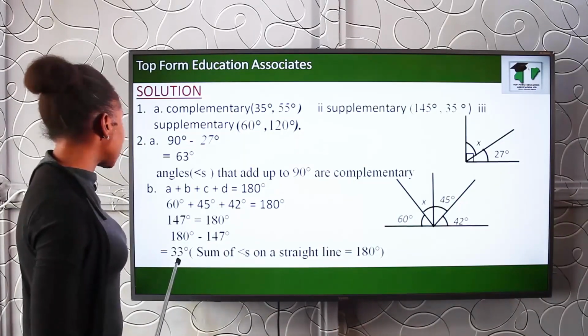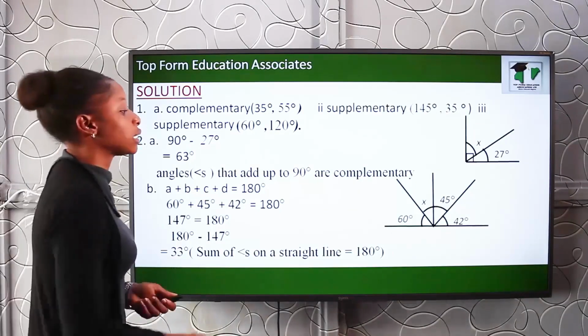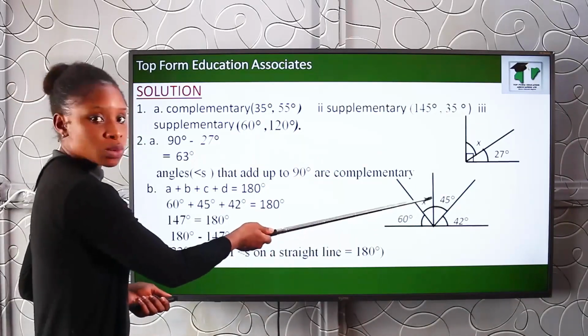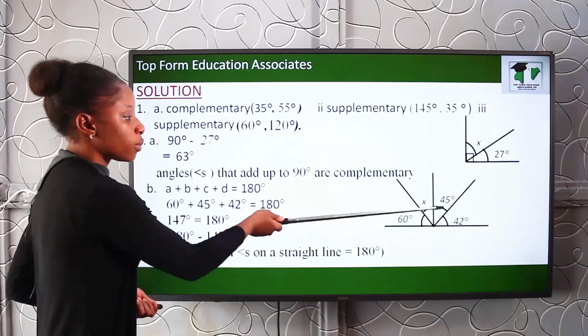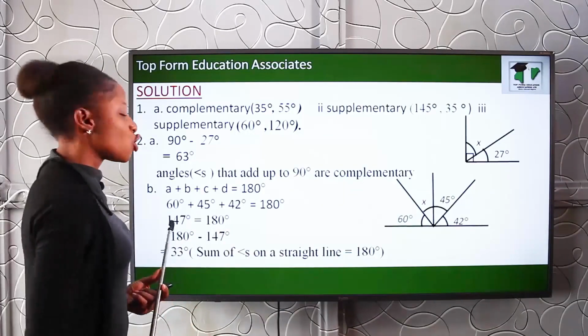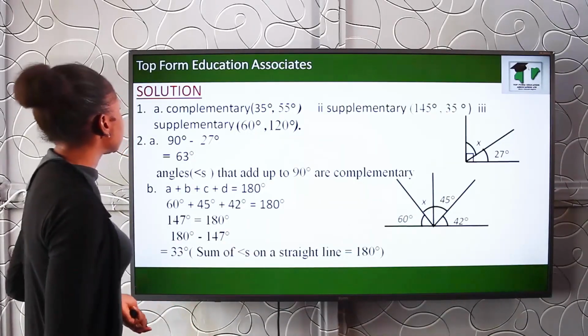The final answer is 33 degrees. To cross-check if your answer is correct, you can input the value into x here, then take the sum. If it gives you 180 degrees, you are correct. And if it doesn't, you are wrong. I hope you got that question correctly.